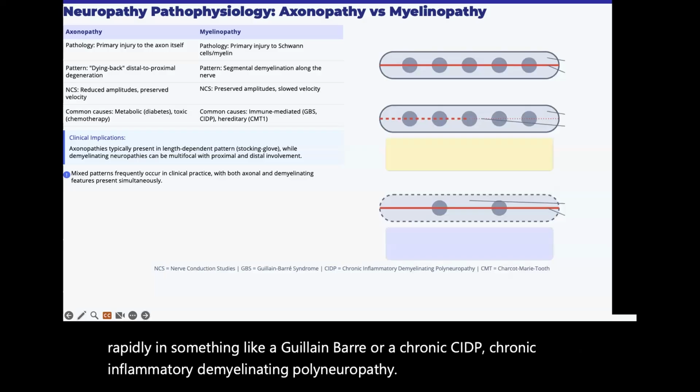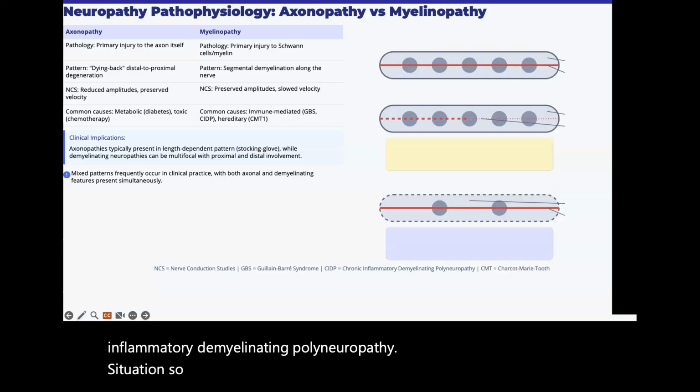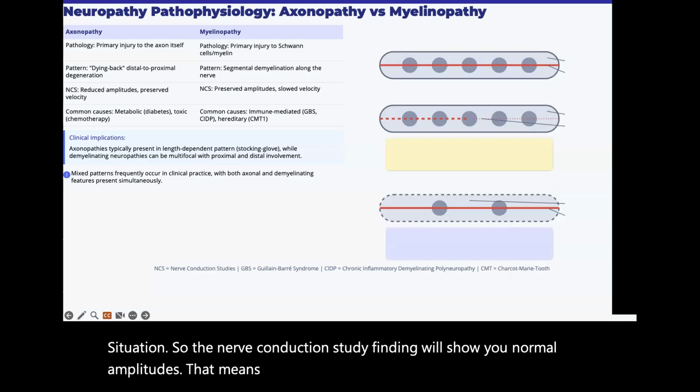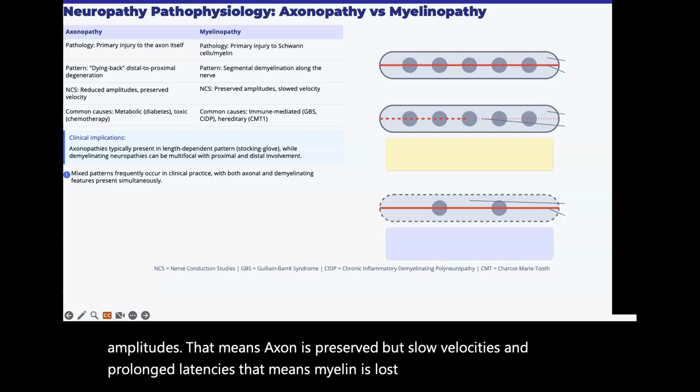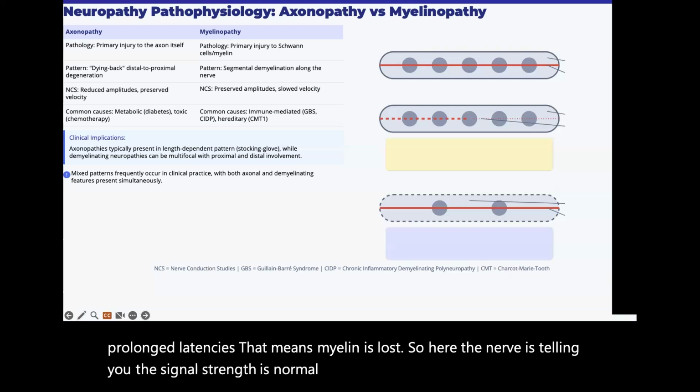So the nerve conduction study will show you normal amplitudes. That means the axon is preserved, but slow velocities and prolonged latencies. That means myelin is lost. So here the nerve is telling you the signal strength is normal, but the insulation is failing.